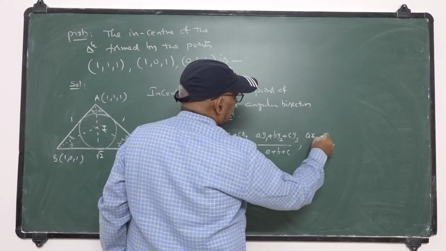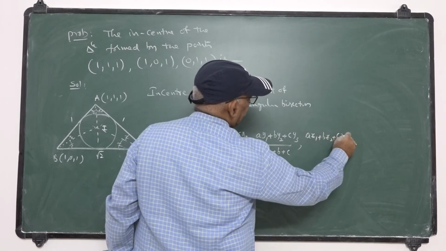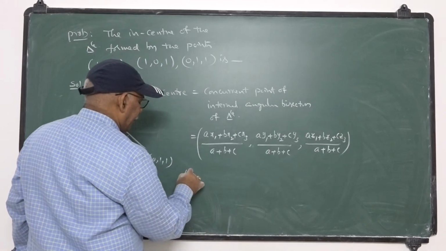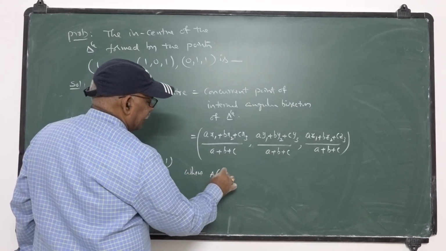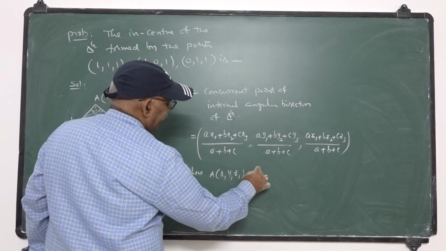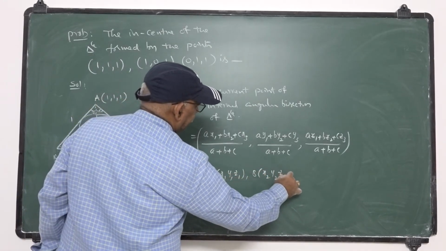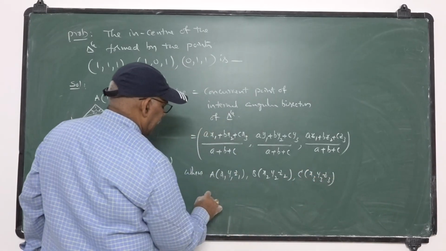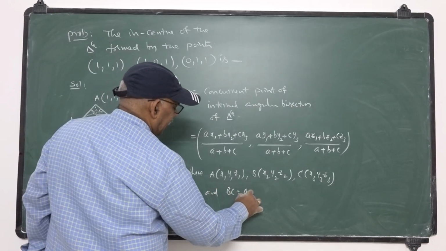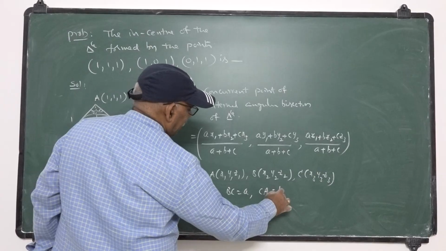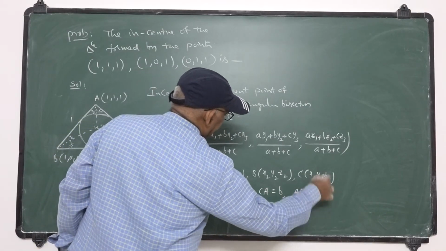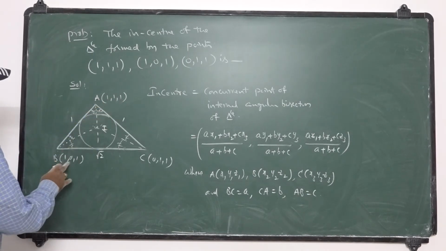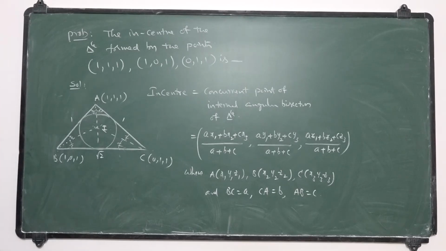This is (az1 plus bz2 plus cz3) by (a plus b plus c) itself, where A is (x1, y1, z1), B is (x2, y2, z2), C is (x3, y3, z3), and BC equal to small a, CA is small b, and AB is small c. So these are the notations.